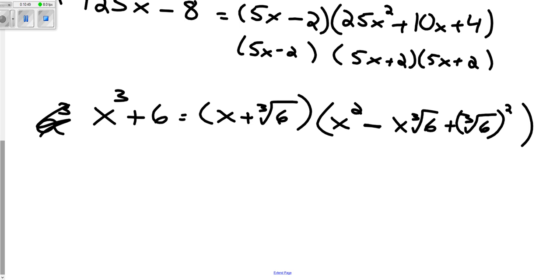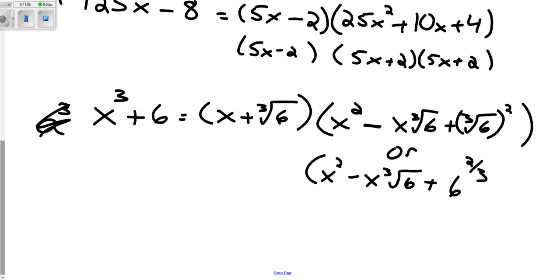I would accept this, or you could write it like this, x squared minus x plus 6 to the 2/3. Well, that makes it harder, no? No, then you just leave it.